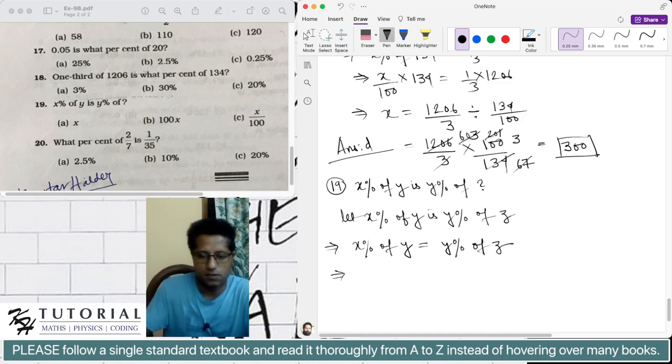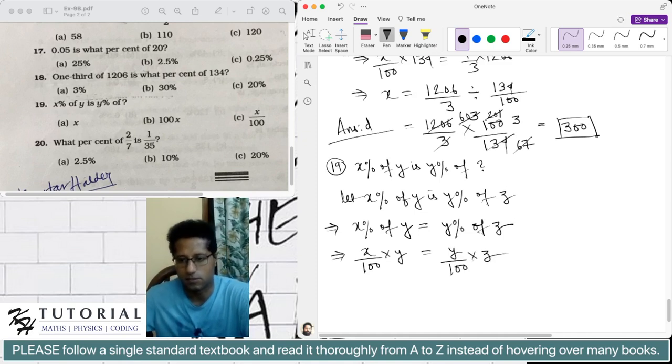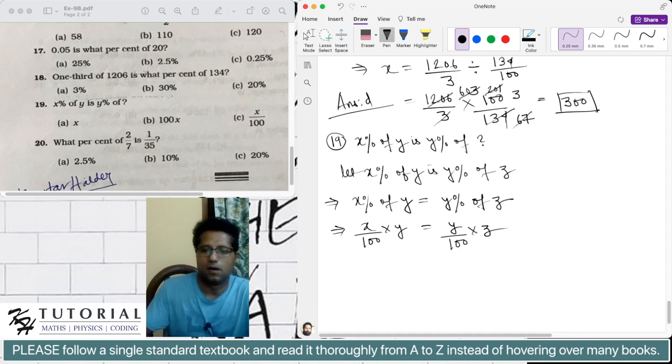Now what is x percentage of y? It is x by 100 multiplied by y. And what is y percentage of z? That is y by 100 multiplied by z. So we have to find z. Now we can cancel out y from both sides.